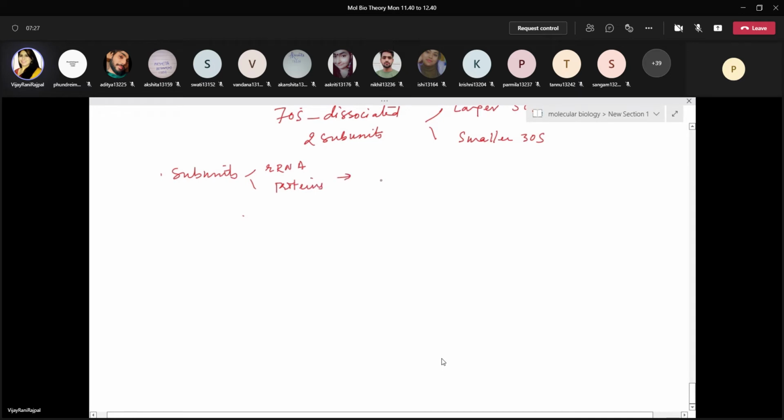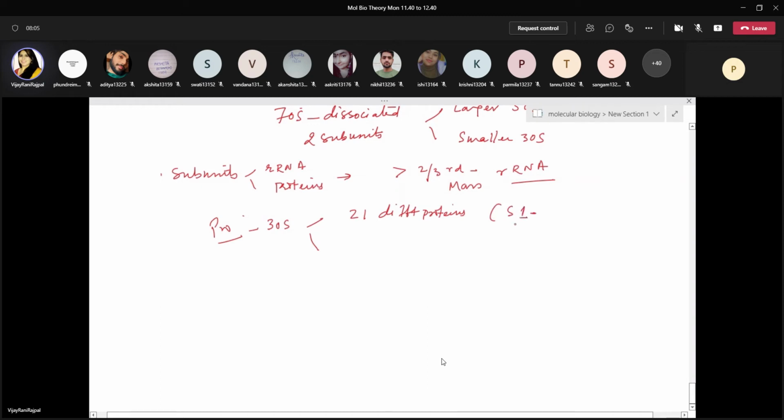Actually, more than two-thirds of the mass of the ribosome is represented by ribosomal RNA. One-third are proteins. Okay, so if we take the prokaryotic 30S subunit of ribosome, it contains 21 different proteins, which are labeled as S1.